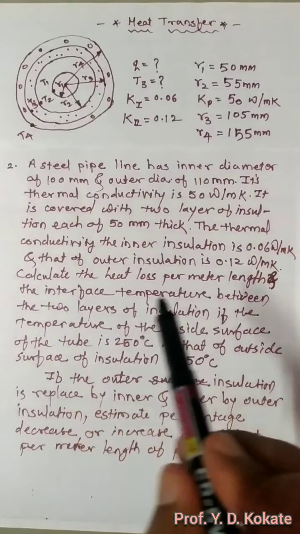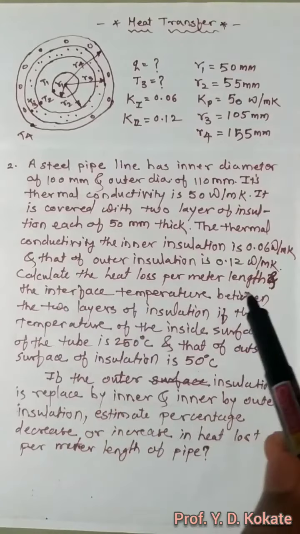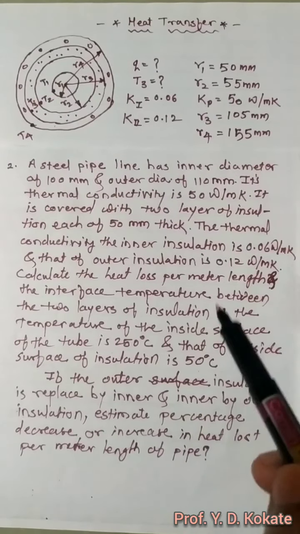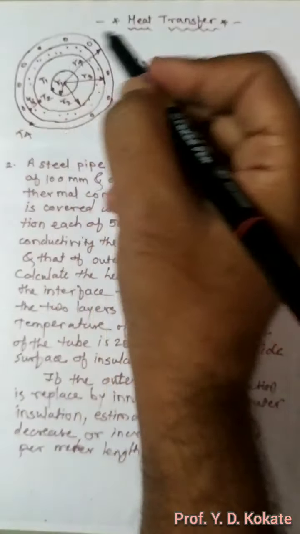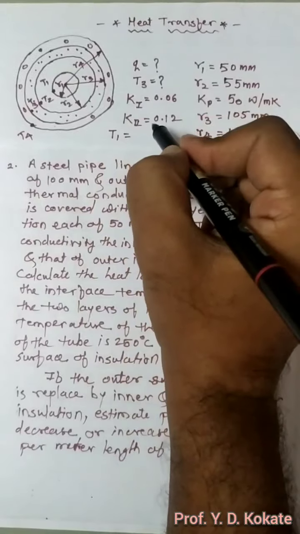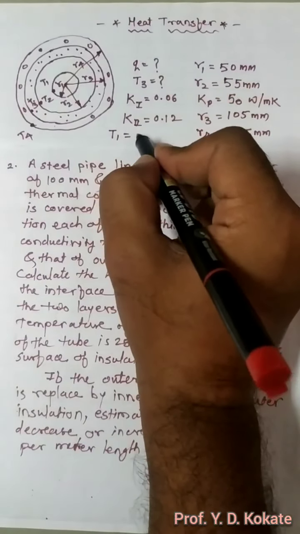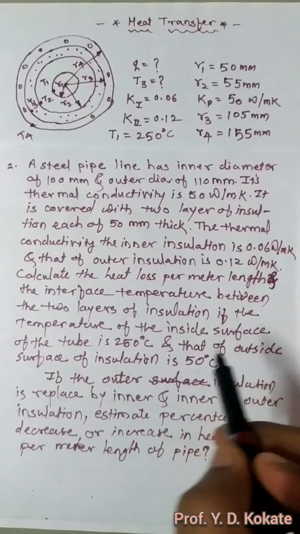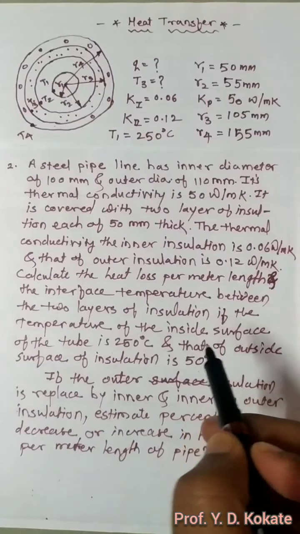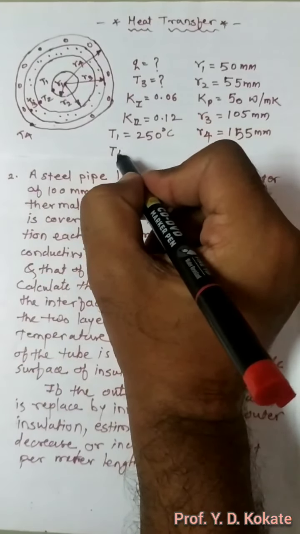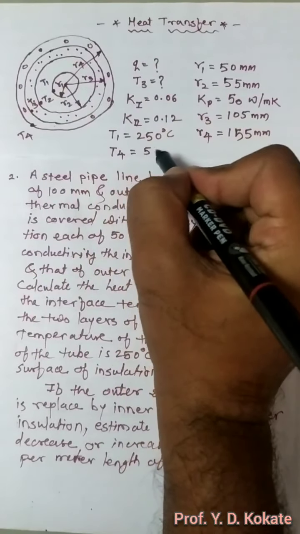Now, heat loss per meter length and the interface temperature between the two layers of insulation, if the temperature of the inside surface of the pipe T1 is given, that is 250 degrees Celsius, and the outside surface of insulation is 50 degrees Celsius, that means T4 is given, that is 50 degrees Celsius.